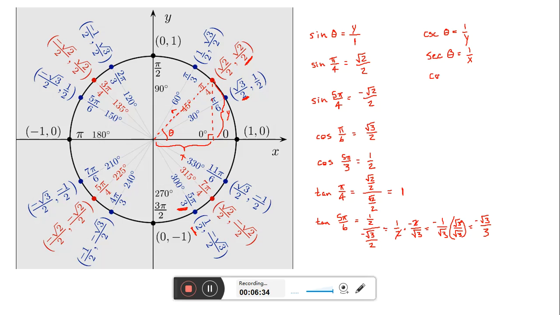And if I had the cotangent of theta, it would be x over y. You should be able to find the sine, cosine, tangent, cosecant, secant, or cotangent of any radian value here on the unit circle, whether it's from 0 all the way up to 2 pi and beyond, if we start looking at coterminal angles.